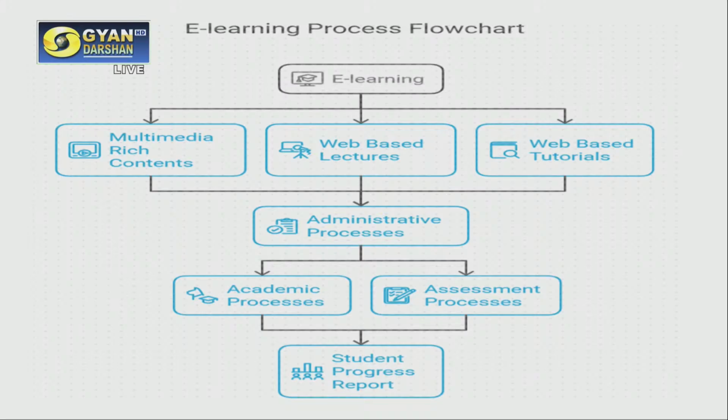And when the requisite number of sessions, assignments and tasks assigned to the students are done, the administrative process takes care of all those things, and thereafter the academic process and the assessment process start, wherein the summative and the formative examinations are conducted, and based on the results, the student progress report is submitted, and it is certified whether the student has a sufficient amount of knowledge to claim that certificate.